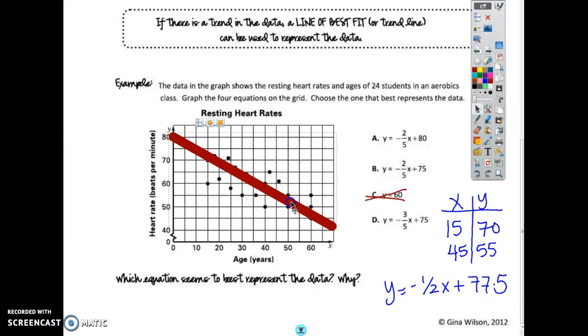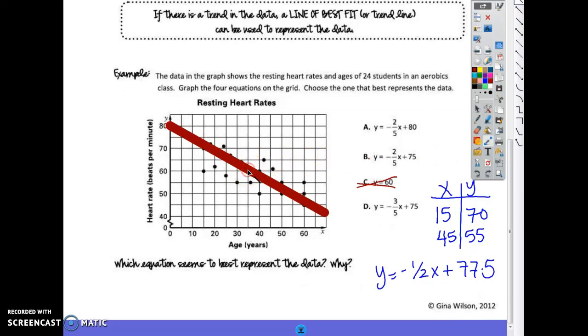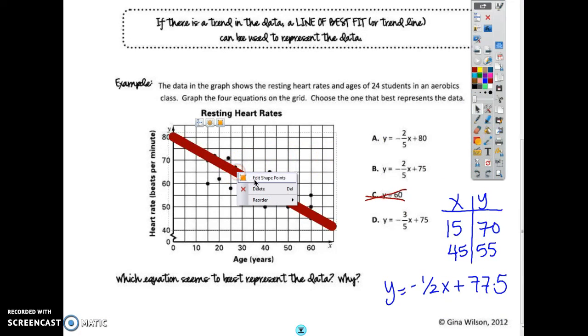And let me take away this line. This line won't go away. Okay, so we're going to pick points.